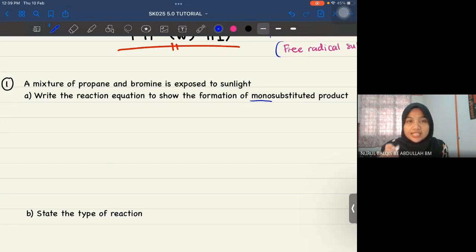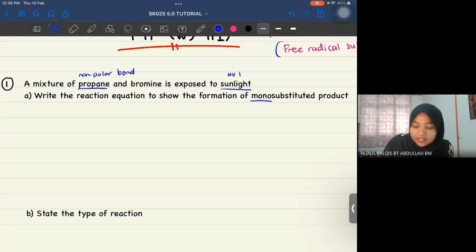This is relevant because it involves alkane, and alkane has non-polar bond. Then we know we have sunlight, meaning we have UV light here. So we just keep sunlight.